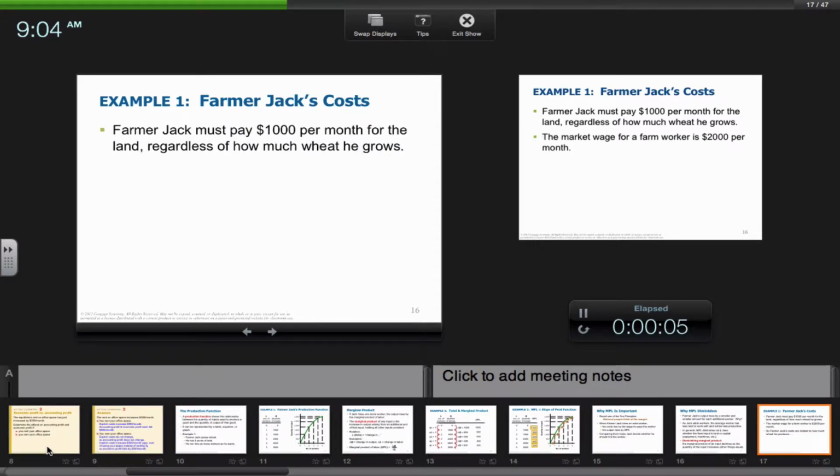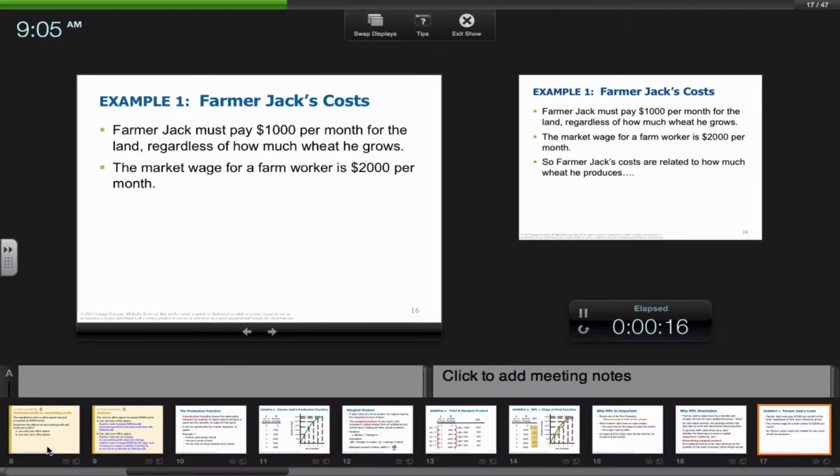Okay, example. So Farmer Jack has to pay $1,000 a month for the land that he is leasing, regardless of how much wheat he grows. Fixed cost. He's going to pay his workers $2,000 a month.